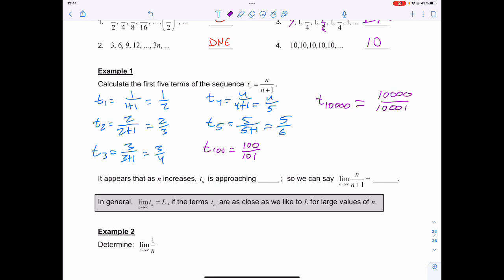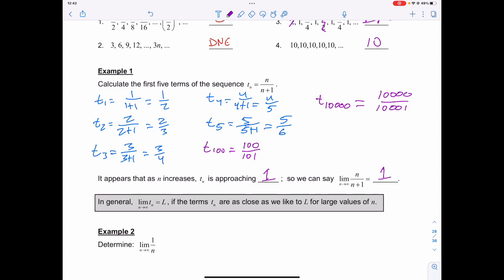And as I divide these numbers, it's getting closer and closer to 1, which means that the limit as n approaches infinity of n over n plus 1 is going to give me 1.